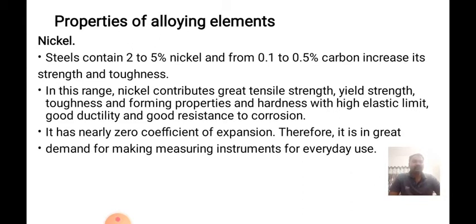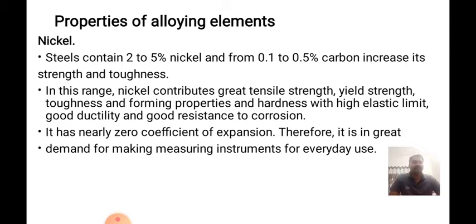Now, in order to prevent that deformation in the finished component, we will have to select such alloying elements which will neglect the coefficient of expansion property. That's why nickel, which possesses zero coefficient of expansion, is in great demand for making measuring instruments for everyday use.